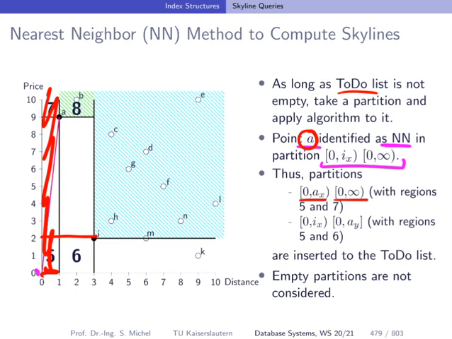There's no partition anymore in the to-do list. And of course, in the first step, we have also inserted this one here into our to-do list. When it's time to look at it and we do a nearest neighbor search, then we will also find this point K. And we are done if this to-do list does not contain any more partitions which can deliver results, and our algorithm can terminate.